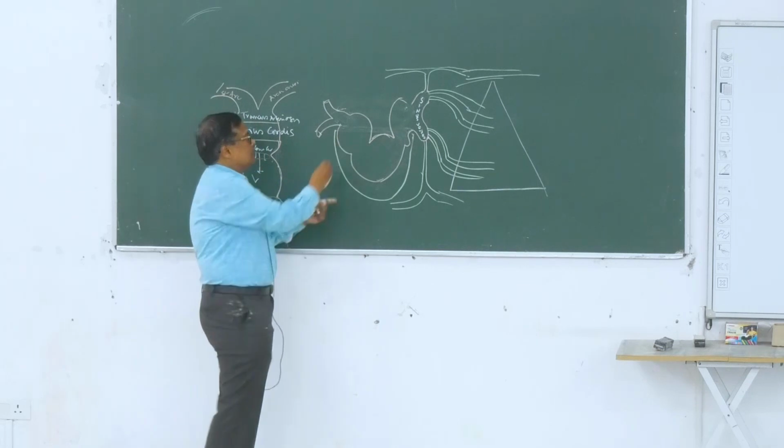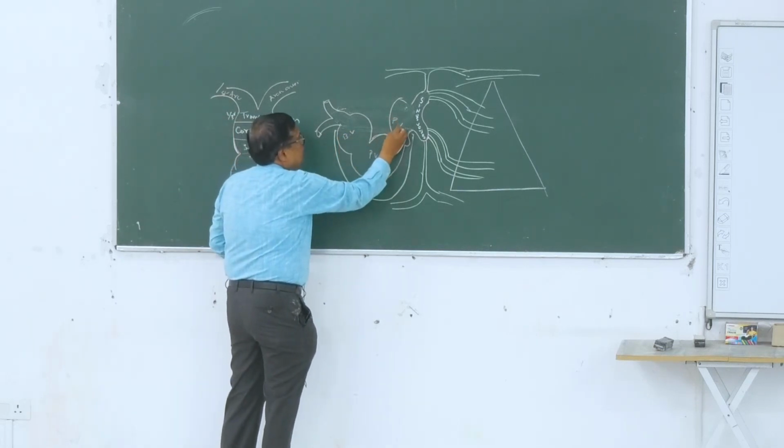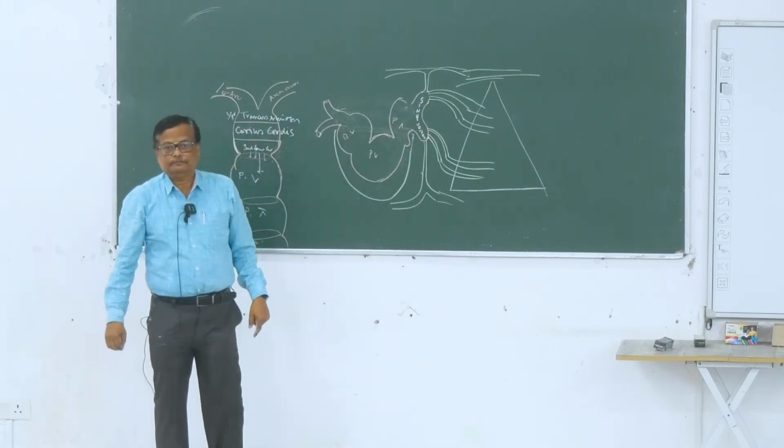So it is the bulboventricular, এটা primitive ventricle, এটা primitive atrium, sinus venosus in a U-shaped fashion.